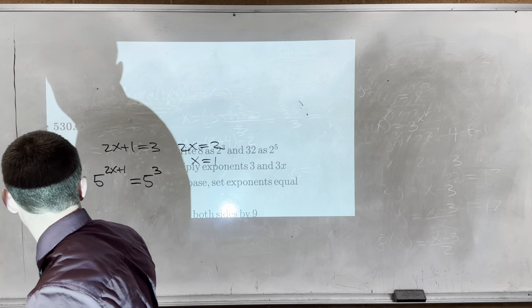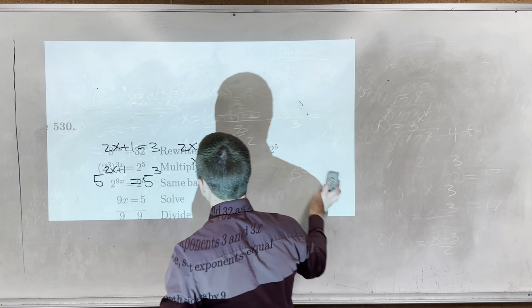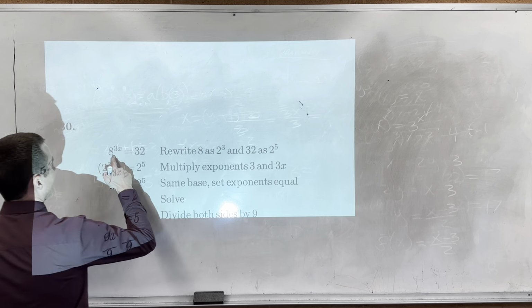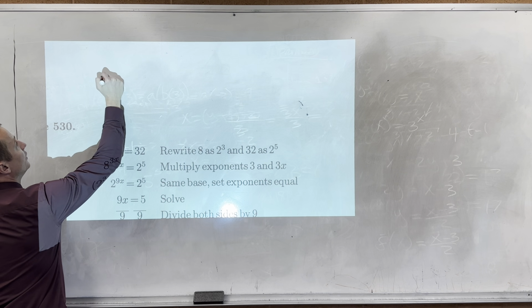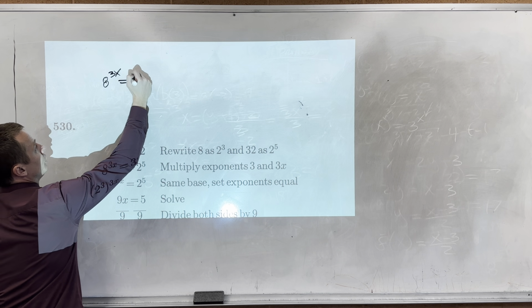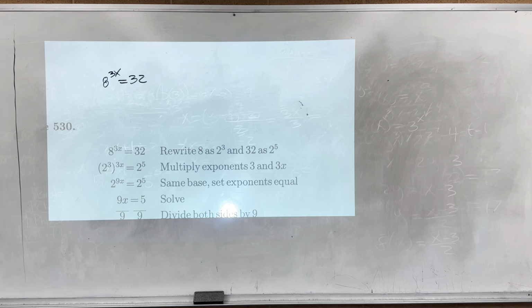Let's try another one. Okay, so for this next one, we have 8 to the 3x equal to 32. First thing we need to do is get these things in a common base. Right?